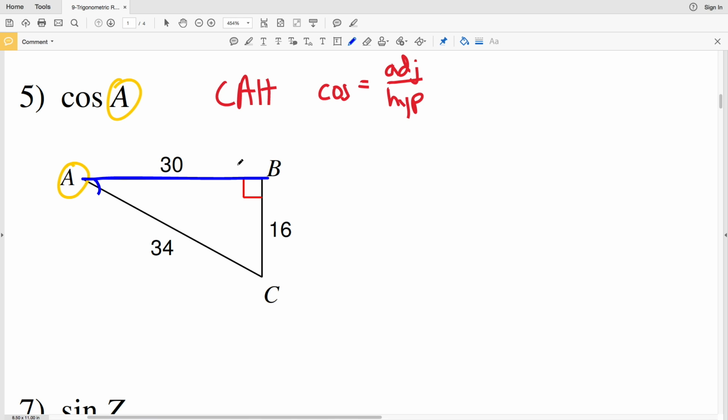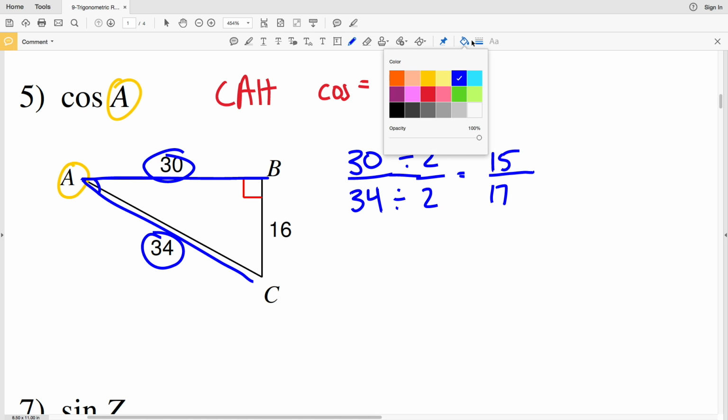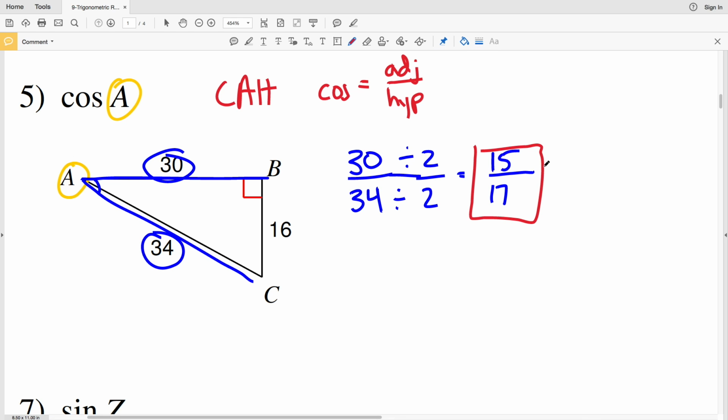So that's going to be AB, which is 30, and the hypotenuse will be the denominator, 34. 30 over 34, both are divisible by 2. So dividing 30 by 2, we'll get 15, and dividing 34 by 2, we'll get 17. 15/17 is our solution in number 5.